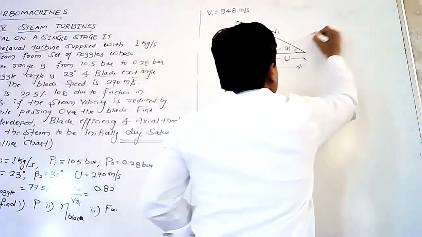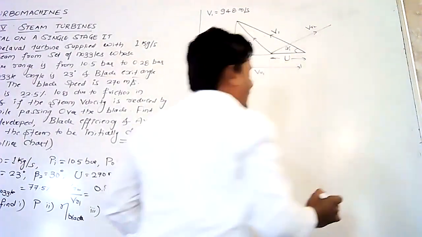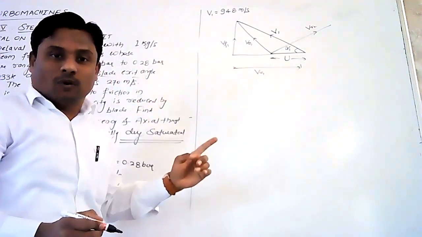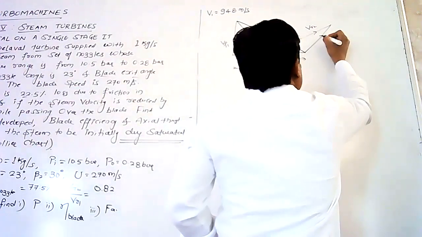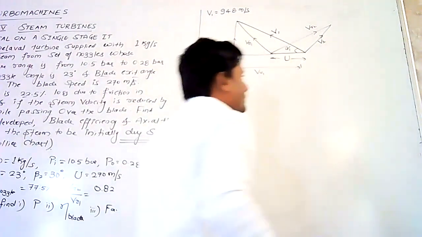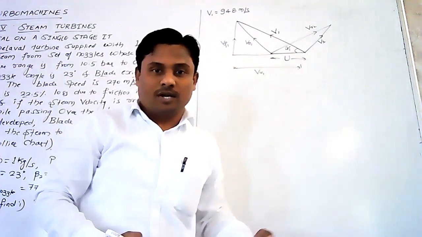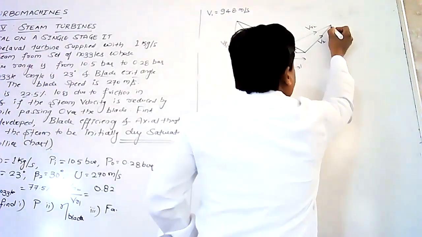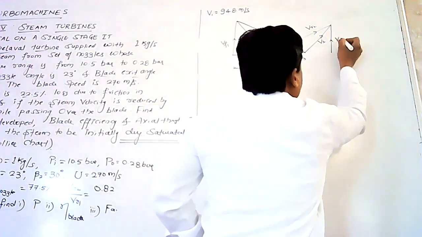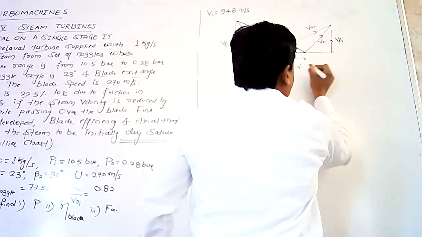This is the outlet velocity triangle where VR2 is the relative velocity at the outlet, and V2 is the absolute velocity of steam at the outlet of the moving blades. Its vertical component is VF2, the flow velocity component, and its horizontal component is VU2.